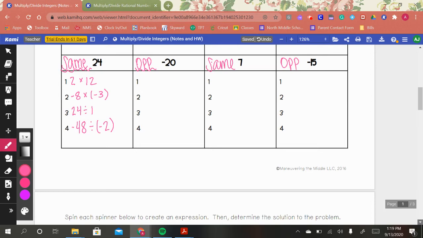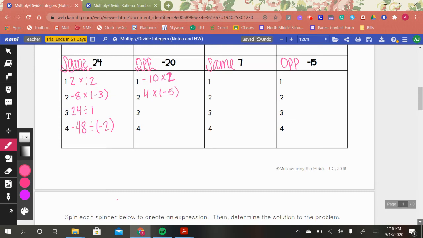All right, so let's look at -20. Again, we need opposite signs. So we can have -10 times 2. That is -20. And we can also have 4 times -5.